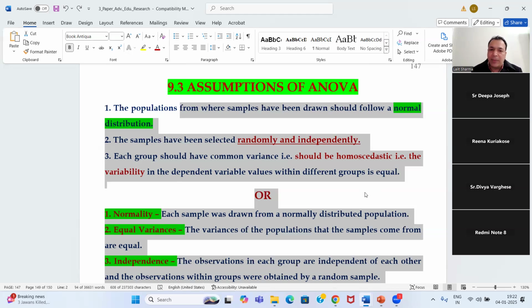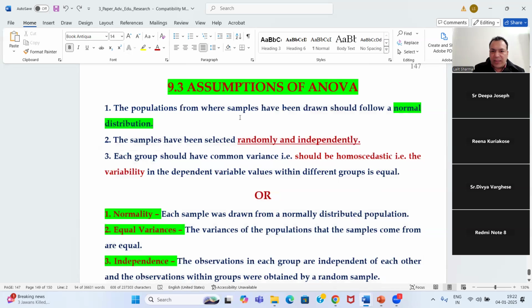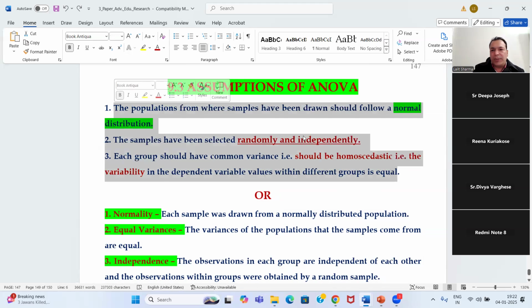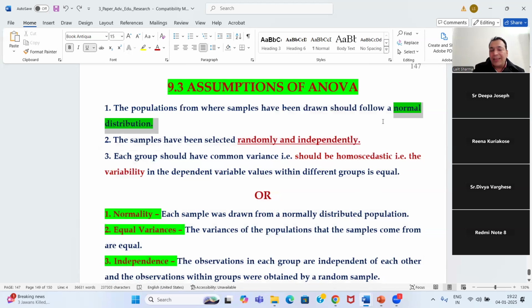What are the assumptions? Number one, the population from where the sample has been drawn should follow a normal distribution. ये ना सेम assumption थी, only the first one is the same as in correlation. Okay, data should be normally distributed.